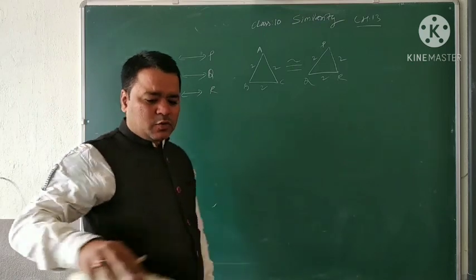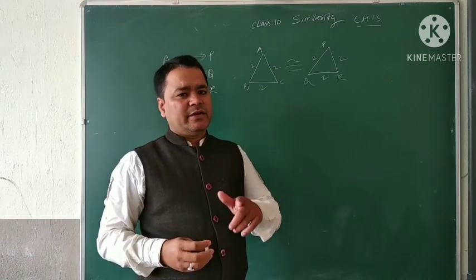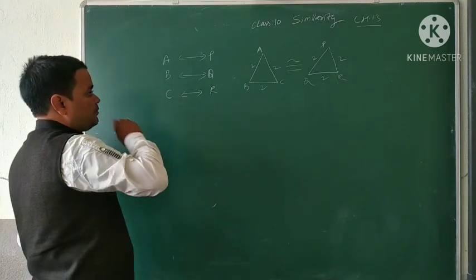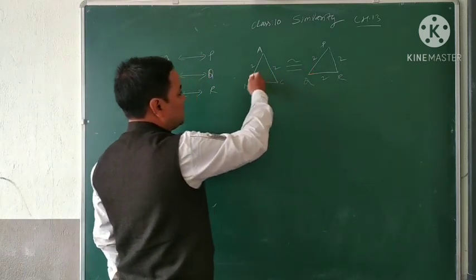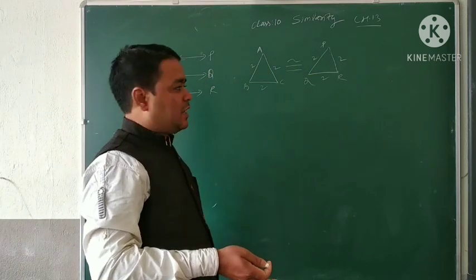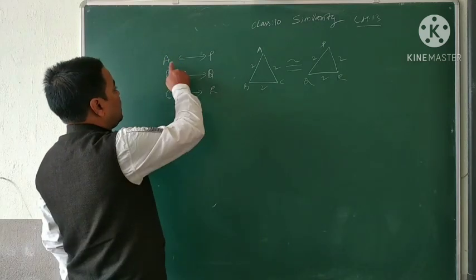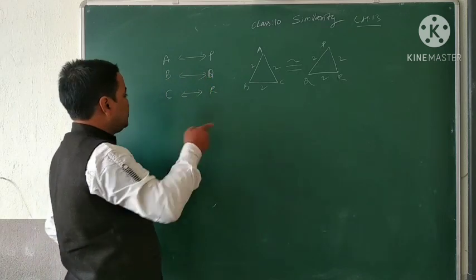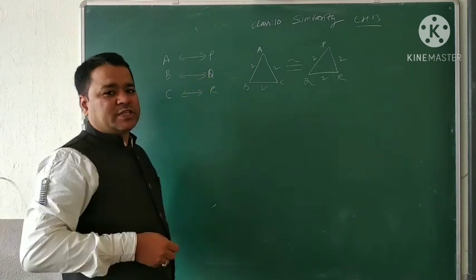With the help of congruency, we will try to understand the concept of similarity. So if we put triangle ABC over triangle PQR, then vertices A and P coincide, B and Q coincide, C and R coincide.